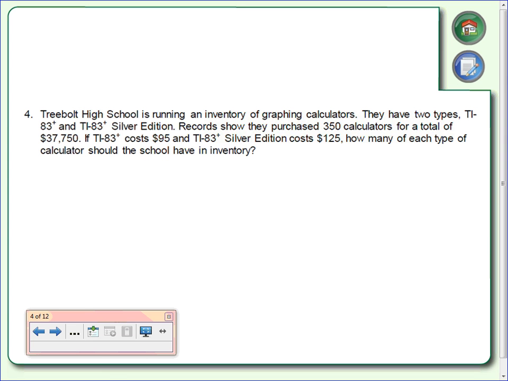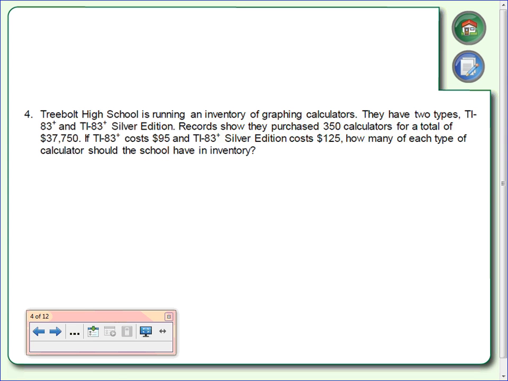It tells us that the TI-83 Plus costs $95. The Silver Edition costs $125. They're more expensive. The question is, how many of each type of calculator are there in the inventory? So we're looking for how many of each type of calculators.